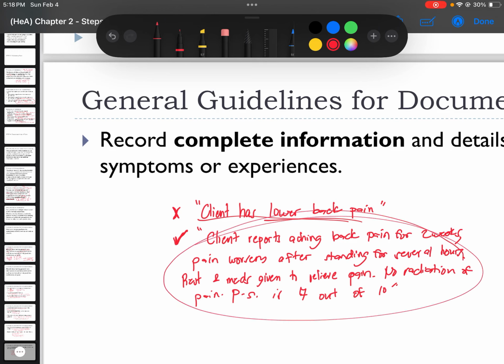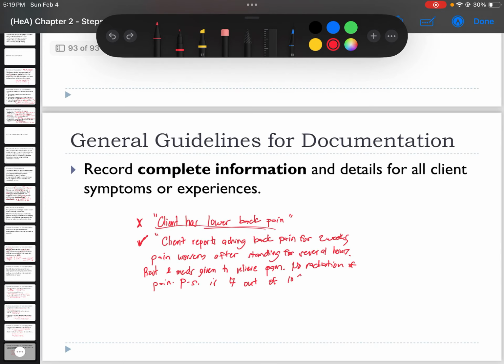Whereas, class, when I see a more complete, information-rich type of documentation, I will get the full context of the patient's pain. Diba? I will know that the pain has been persisting for 2 weeks. I know that the pain worsens after standing for several hours. It will let me know that the pain score is 7 out of 10. And all those sorts of stuff. It gives me full context.